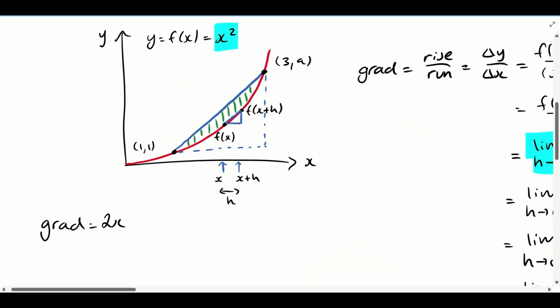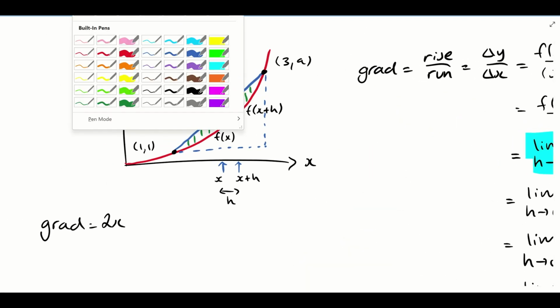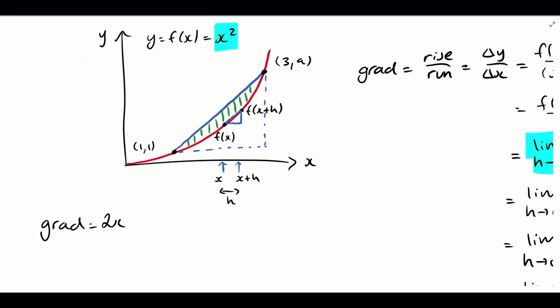What does that mean? Well, it means that at different points, the gradients are going to have different values, which makes sense, right? So if we use orange and we take our point 3, 9, the gradient when x is equal to 3 is going to be 2 lots of x, so 2 lots of 3, which is 6.